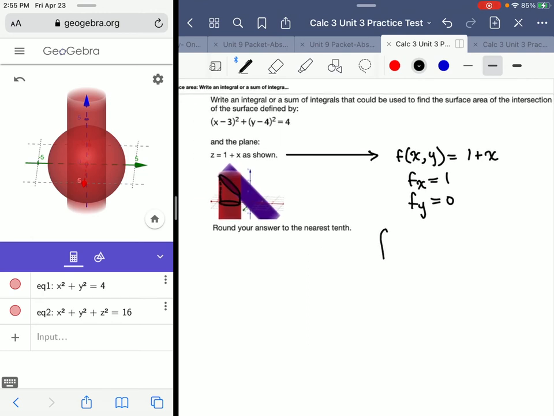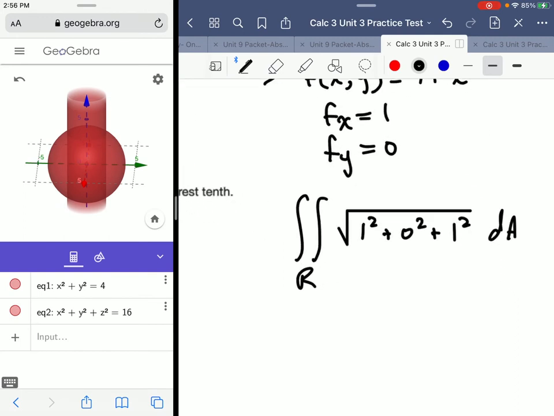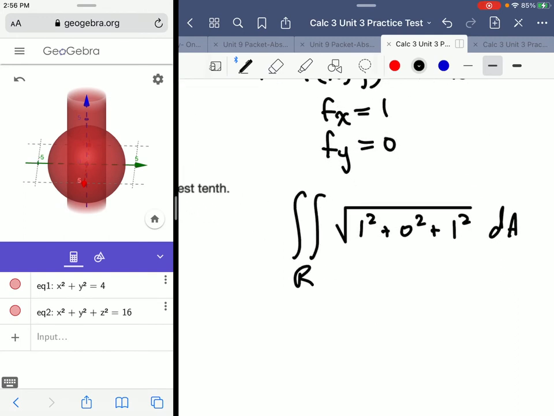So when I set up my double integral, square root of 1 squared plus 0 squared plus 1 squared dA, because we haven't decided what coordinate system we're going to use, over some region R. Then it's just a matter of deciding what is the most appropriate region to use. First we'll clean this up. This is radical 2, and we have our dA.